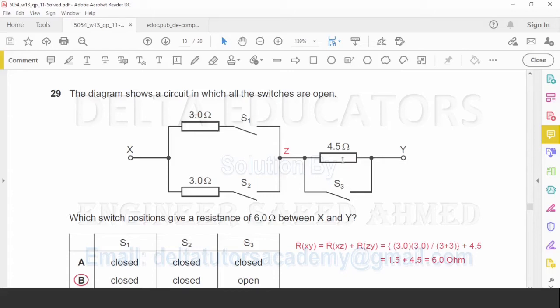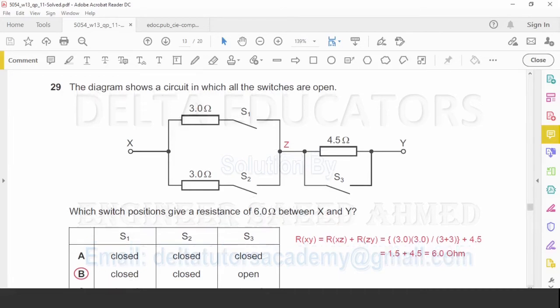Since here we have resistance and here we have no resistance, so here it is the easy path, so current will flow through this path, not through this path. When the current passes through this path, the total resistance will be only 1.5 ohm. So if we have to get our total resistance of 6 ohm, we have to keep S1 and S2 closed, whereas this switch S3 we have to keep open.